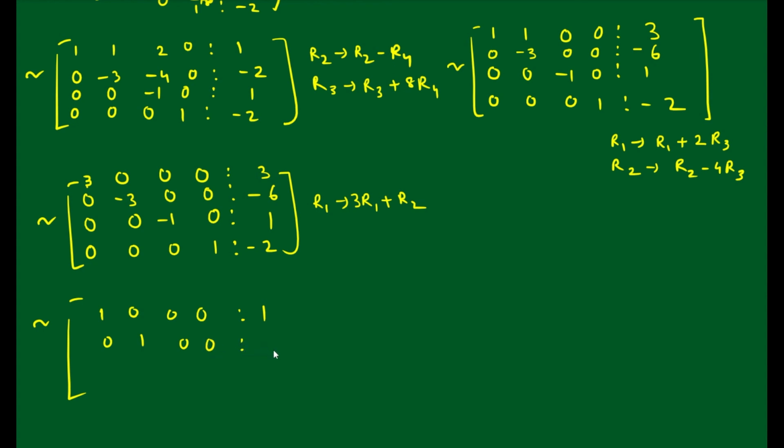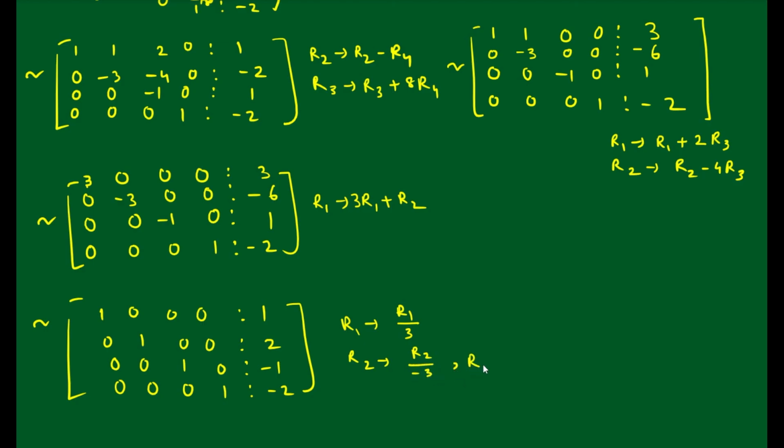It will be our 2 now after dividing by -3. 0, 0, 1, 0, -1. And this is same, so no need to do anything. It's already 1. Okay, so what we did here, R1 goes to R1 by 3. R2 goes to R2 by -3. And then R3 goes to R3 by -1.